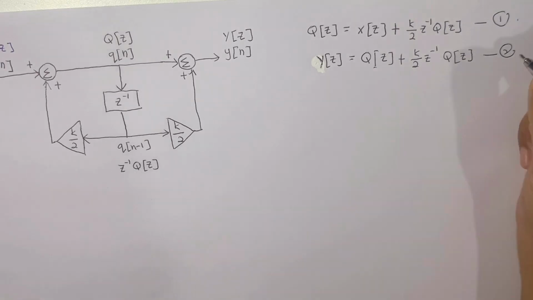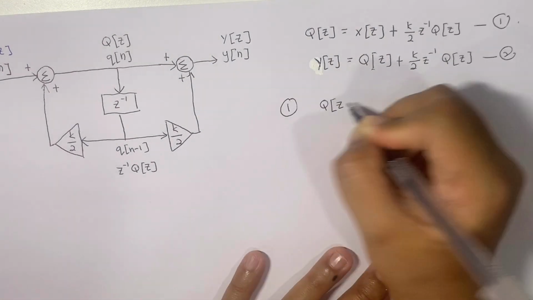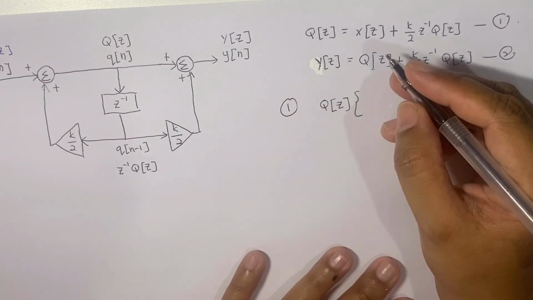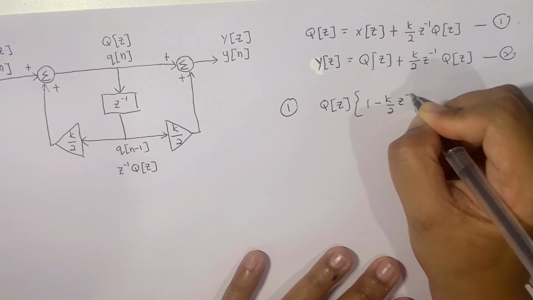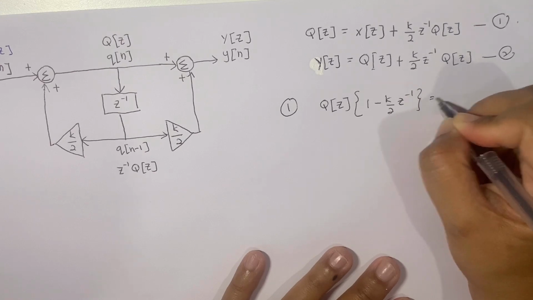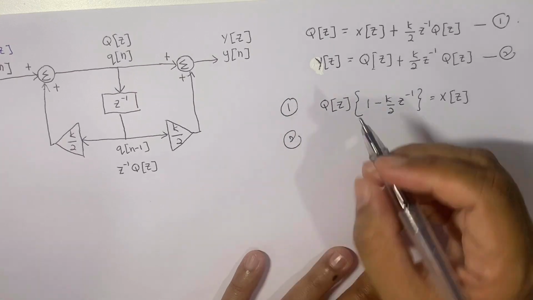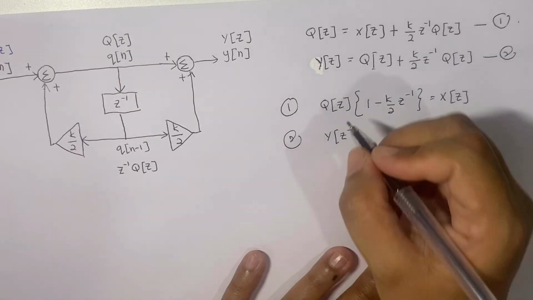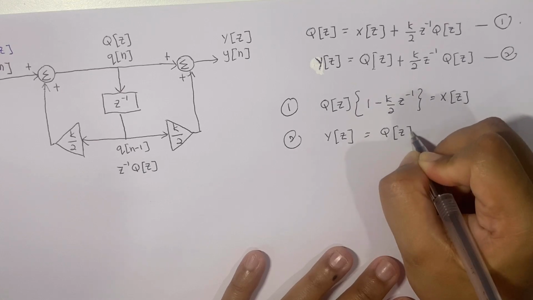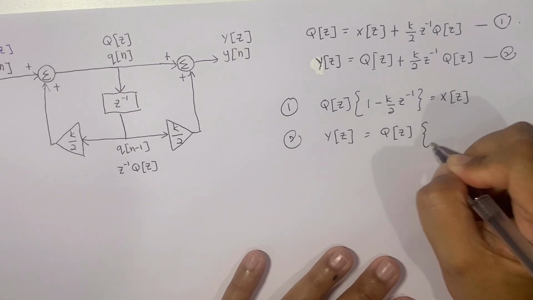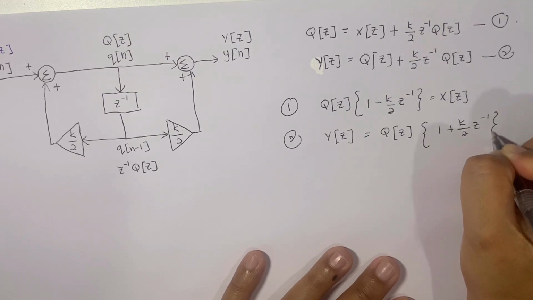This is the second equation. From the first equation, bring Q(z) to the left side and factorize the equation. Then the second part is Y(z) equal to Q(z), 1 plus k over 2 z to the power of negative 1.